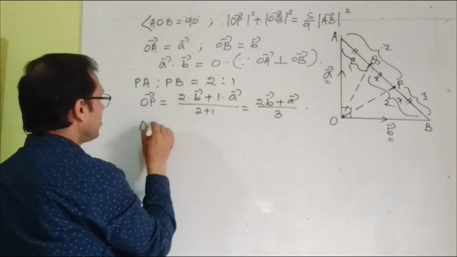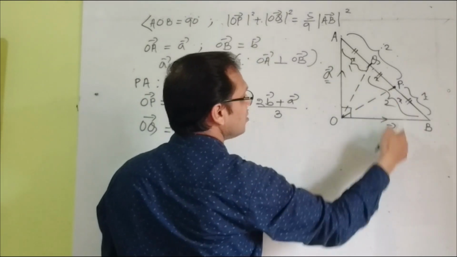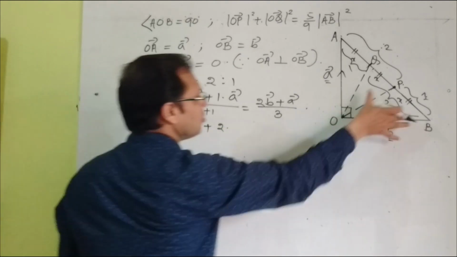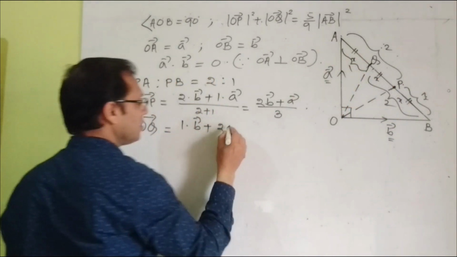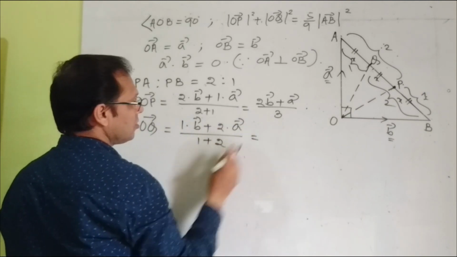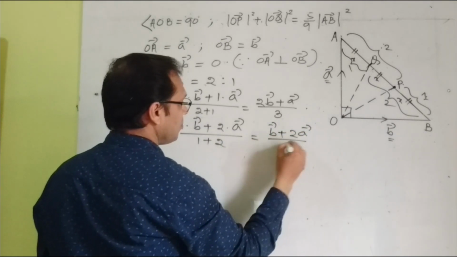So position vector of Q, that is OQ, is equal to 1 into B vector plus 2 into OA vector, that is A vector, by 1 plus 2, that is B vector plus 2A vector by 3.